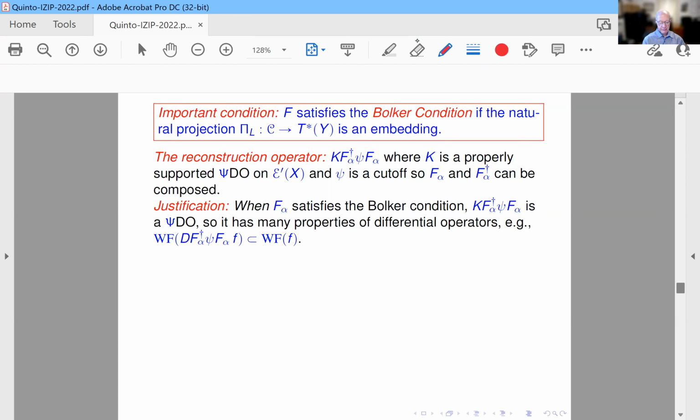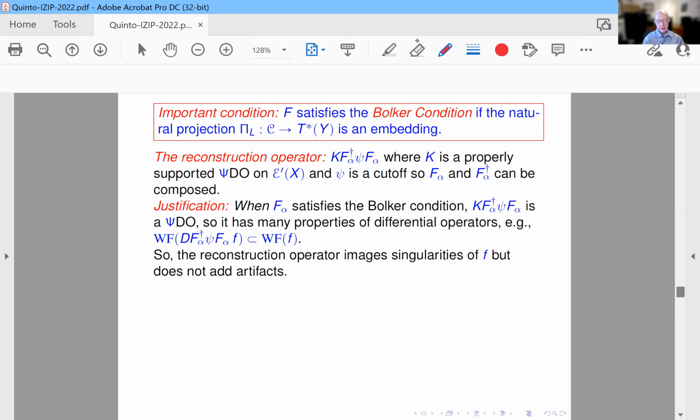For example, the wavefront set of K, F dagger alpha F, is contained in the wavefront set of F. And what that means is the reconstruction operator will image at least some of the singularities of the function F, but doesn't add artifacts.